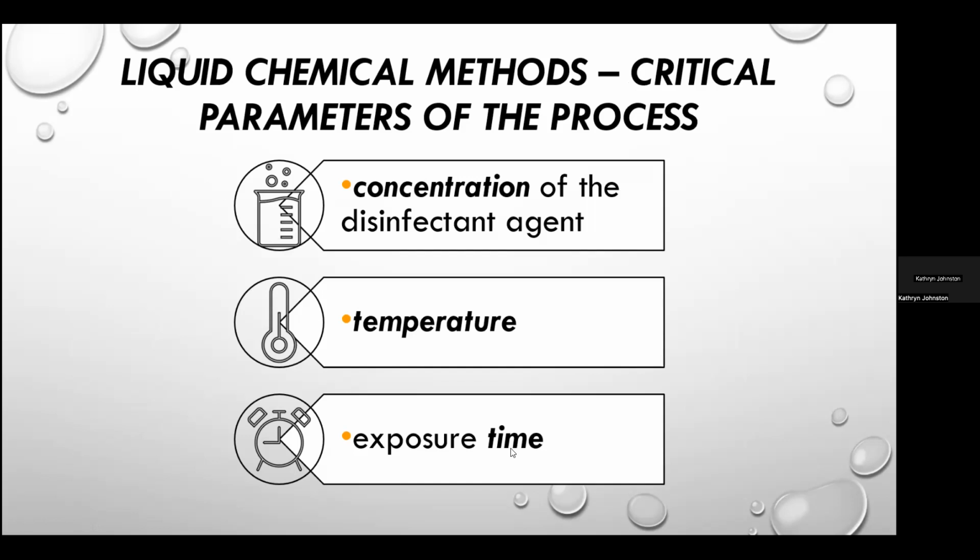There are strips that can be used with liquid chemical methods to make sure the concentration of the disinfectant is appropriate and not under- or over-diluted. It's also important to check the expiry dates on the solutions so you're not using outdated chemicals.